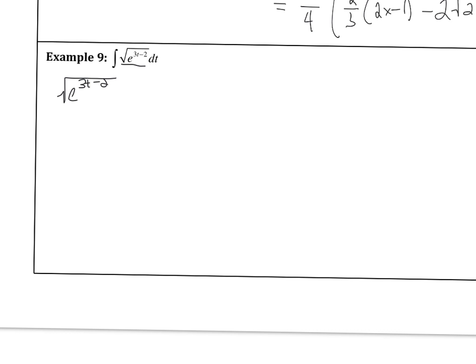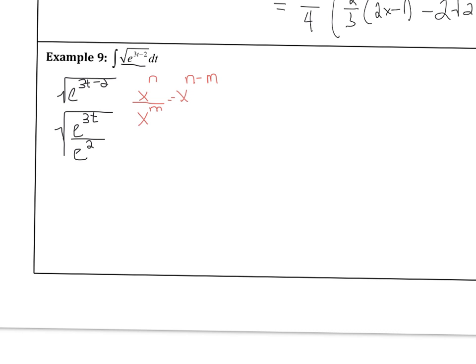I am first going to use the fact that x to the n over x to the m is really x to the n minus m. So really here, that just means I have e to the 3t over e squared, all under the radical. I subtracted their exponents, therefore they must have been divided first.